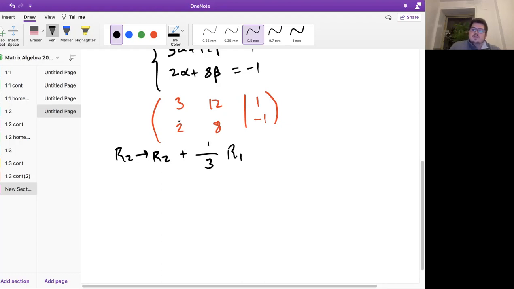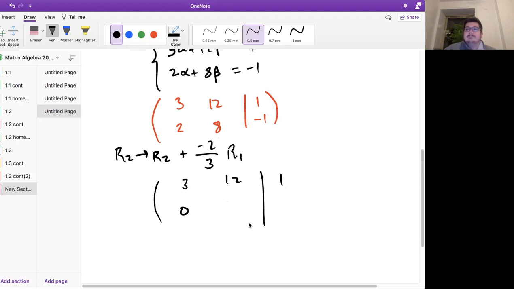Well, if it's 1, then you don't zero out this, right? Negative 2 does that. So the dividing by 3 makes it 1, and the negative 2 eliminates this entry. But it's not too bad because 12 is divisible by 3. All right, so this gives you 0, and then what's 2/3 of 12?